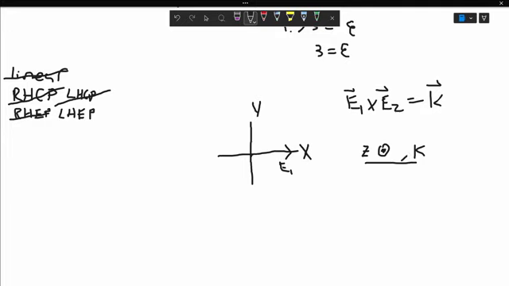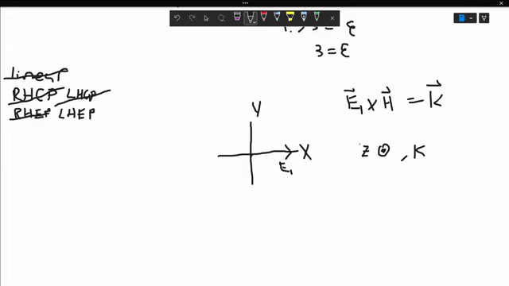We still have k pointing in the z direction, but we need to find H. So this cross product formula changes slightly. We have E cross H equals k. So we know E, we know k, so we can find H.